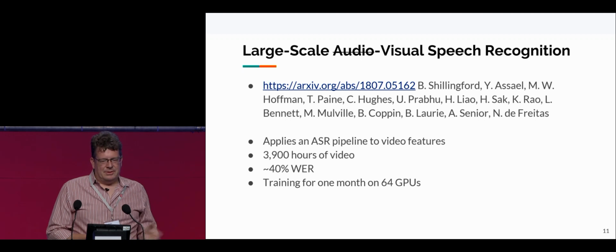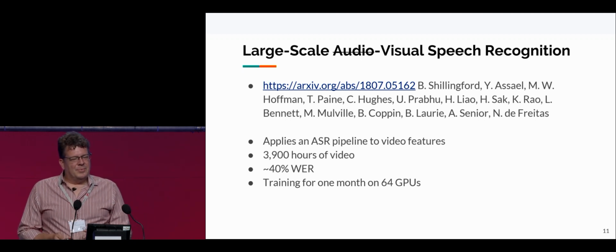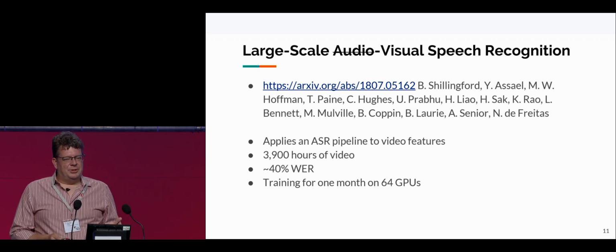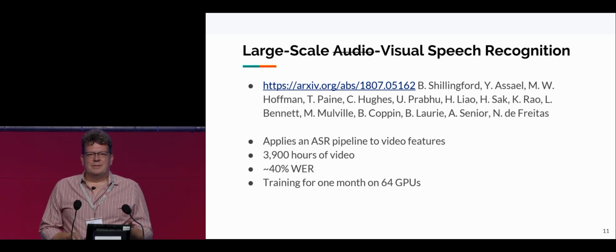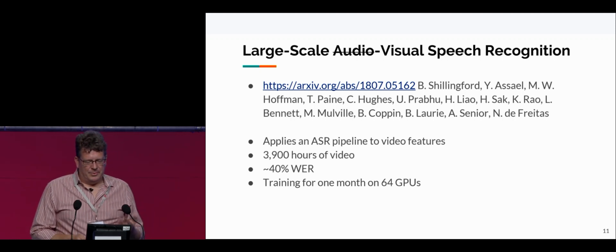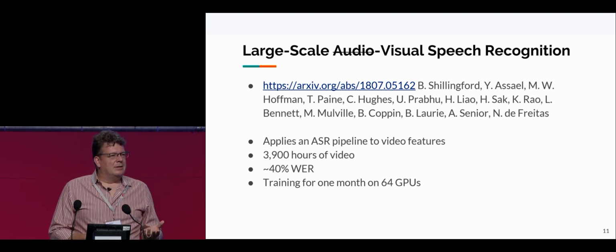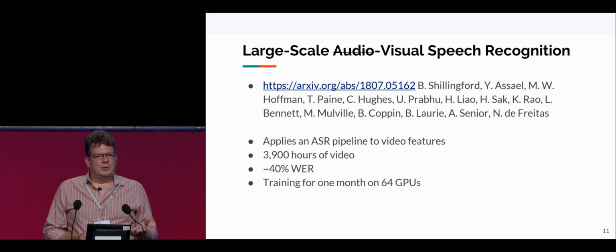However, this particular system was built by Google and trains for about 1 month on 64 GPUs, so it's not easily reproducible for most of us, unfortunately. But the availability of large data really allows us to do things that weren't possible before.